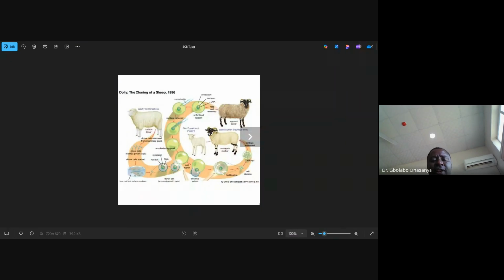You see it here, the cell that is fused. That electrical impulse creates an environment that will cause fertilization to happen, and that will cause embryogenesis to take place.